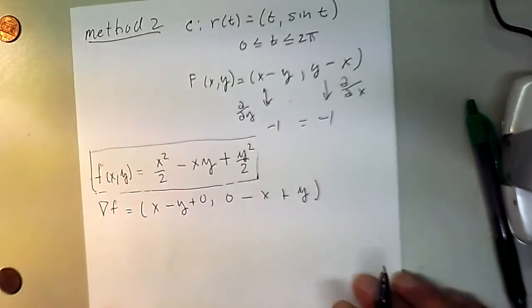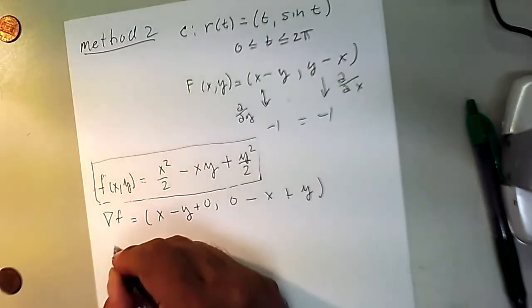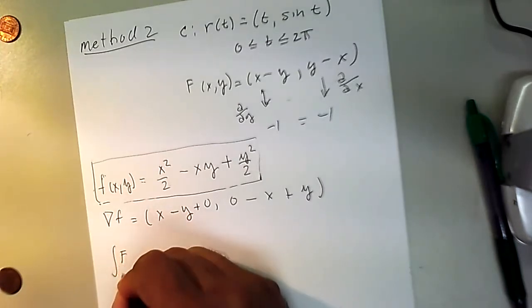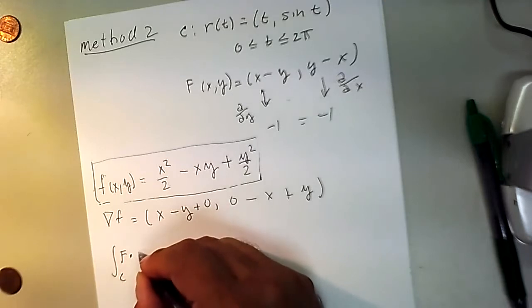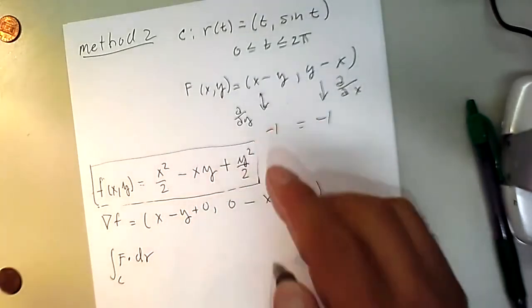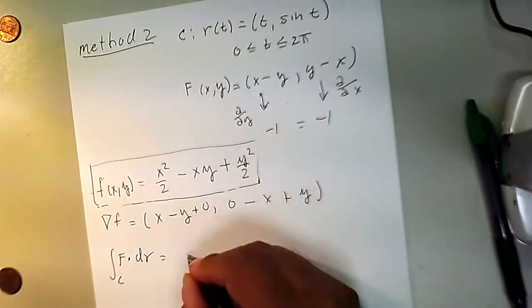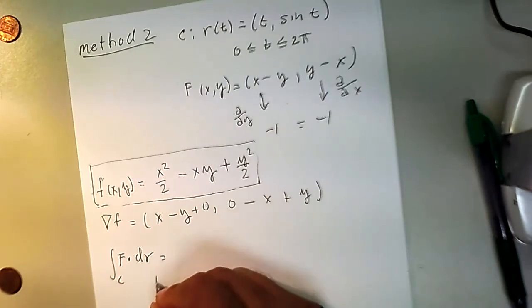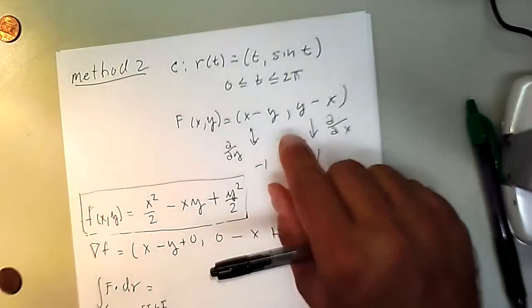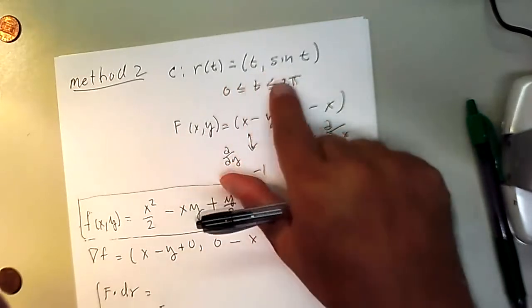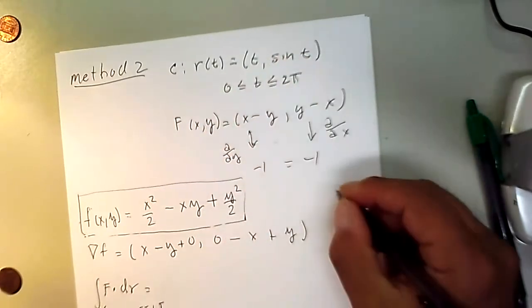So what? All right, we want the line integral of the field with respect to this path. Well, according to the fundamental theorem of line integrals, FTLI, all you have to do is figure out the first point and the last point of this path.